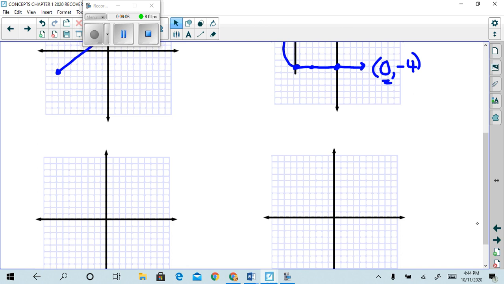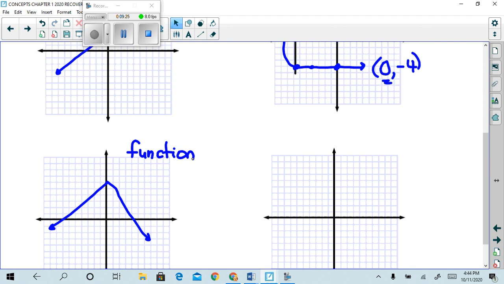You might be asked to look at some graphs and determine if they're a function or not. If you had a function and it graphed like this, once again, you're checking to see if there are 2 points in that same vertical line. This is a function. No 2 points in the same vertical line.